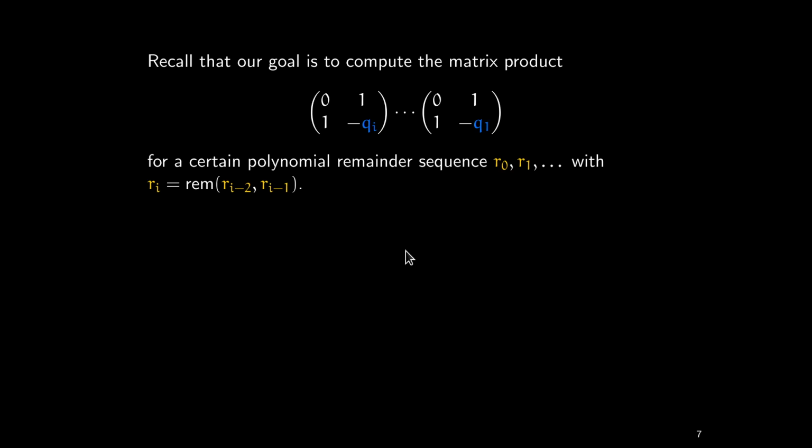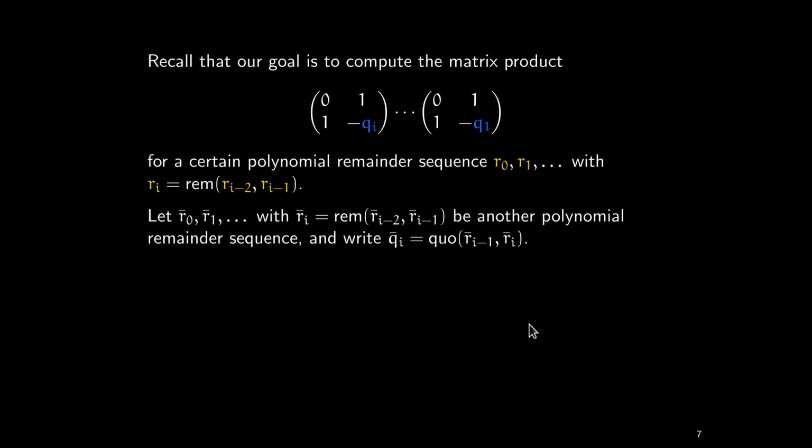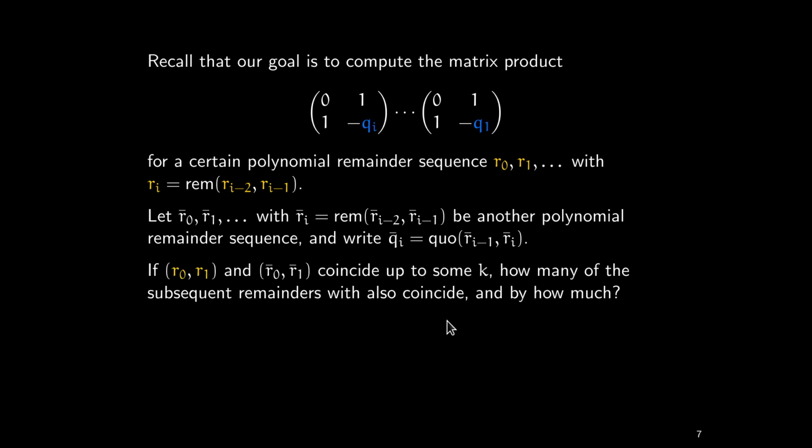Okay, so now we take not 2 consecutive remainders, but we take the whole polynomial remainder sequence. So we have the yellow ones, they are the real ones, and then we have the barred ones, and we compare them with each other.